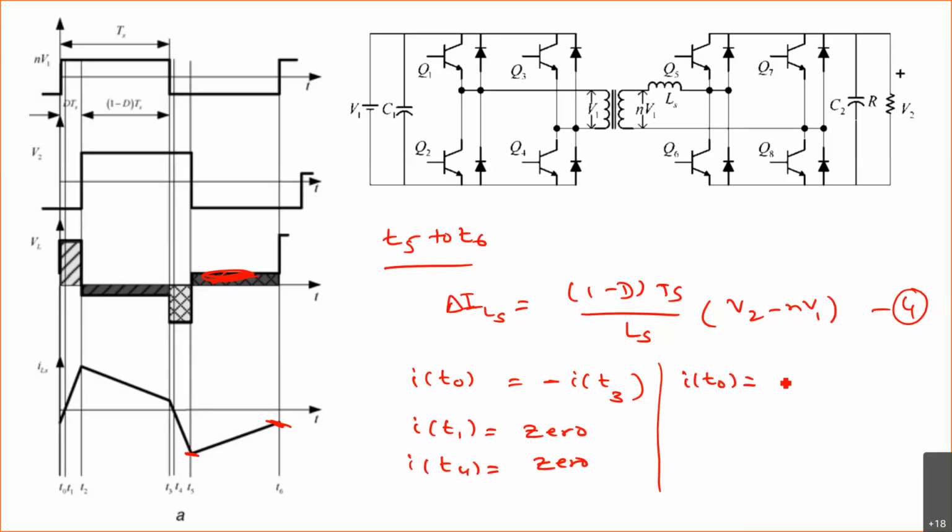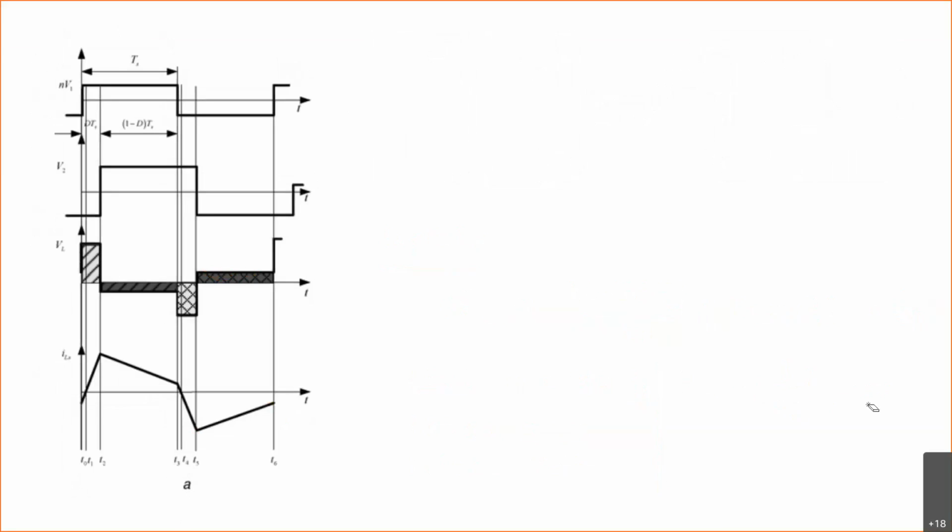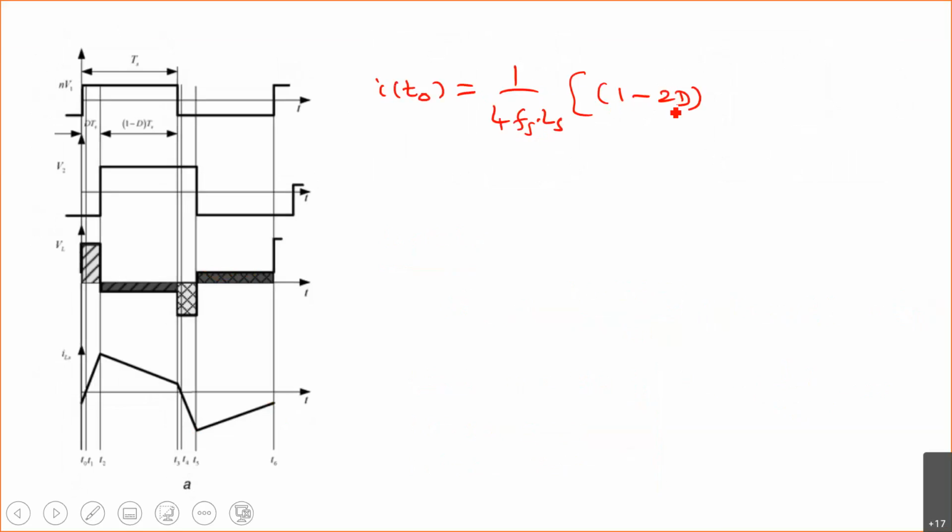It will be 1 by 4 fs ls into 1 minus 2d into v2 minus n v1.